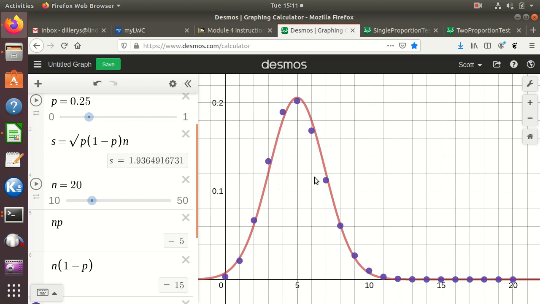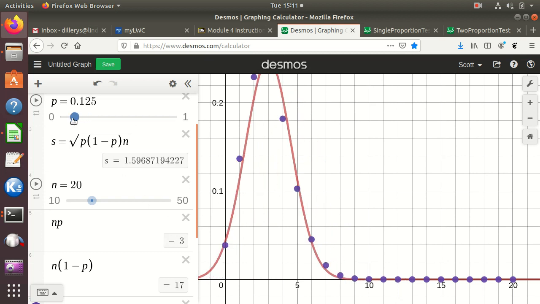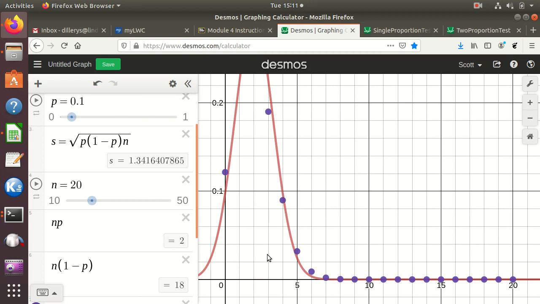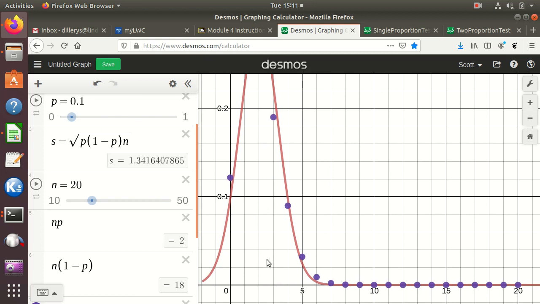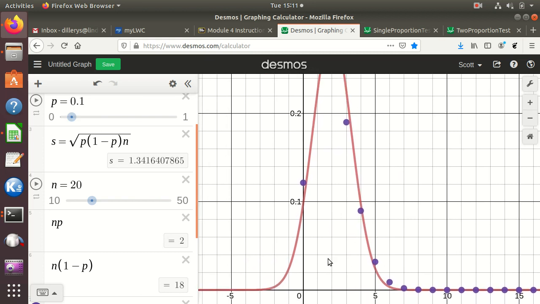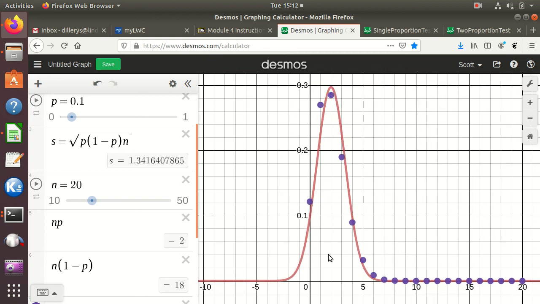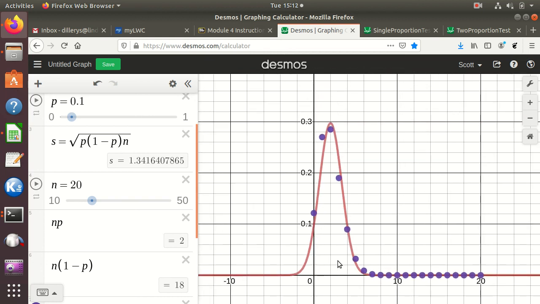Now, if I take p down quite a bit, then you can see where the problem starts and where we can have some issues. For one, a whole lot of the normal distribution is in the negative area there.